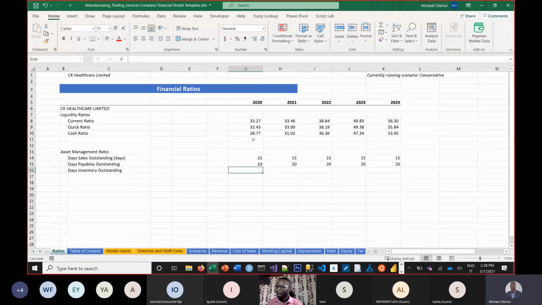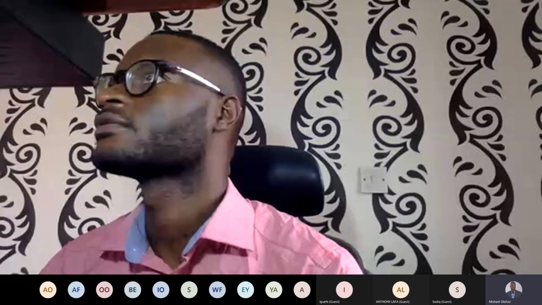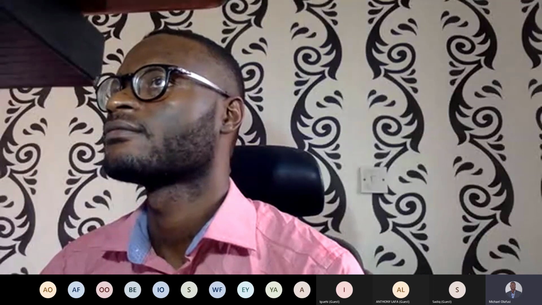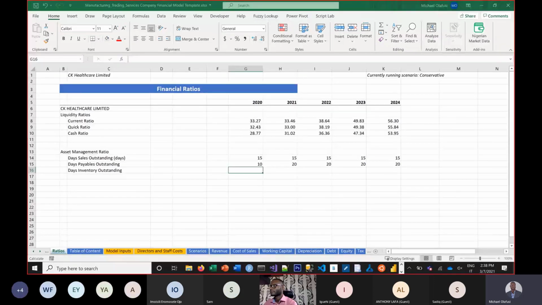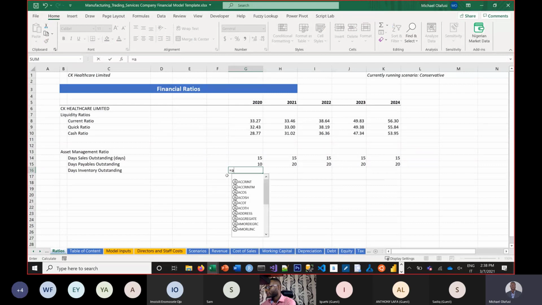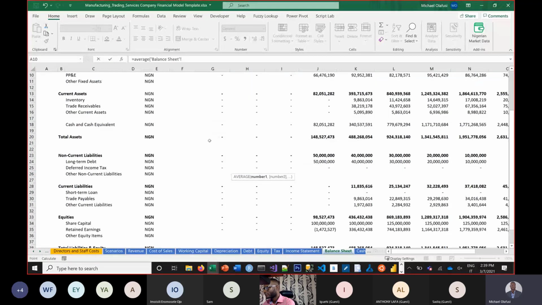Okay, so average inventory. I go to the balance sheet.